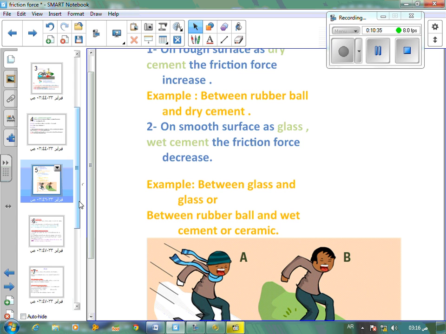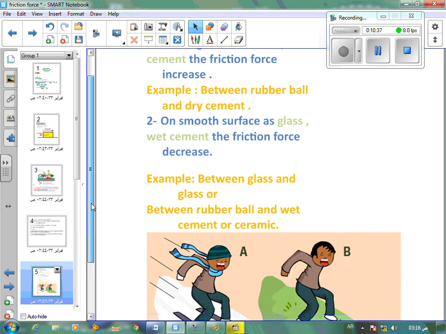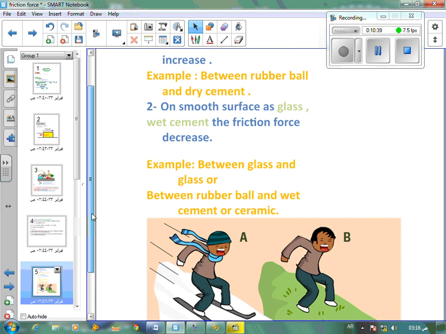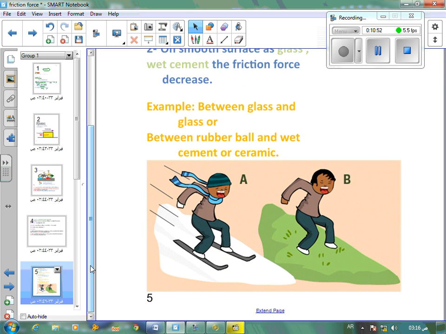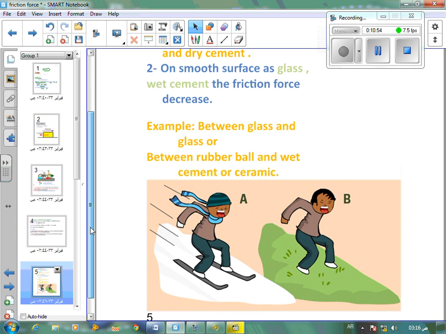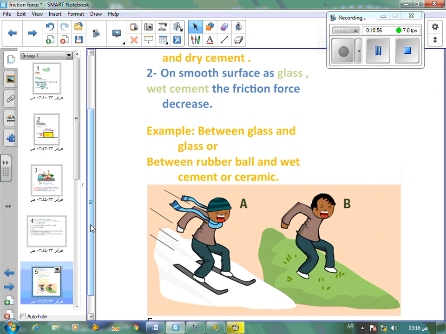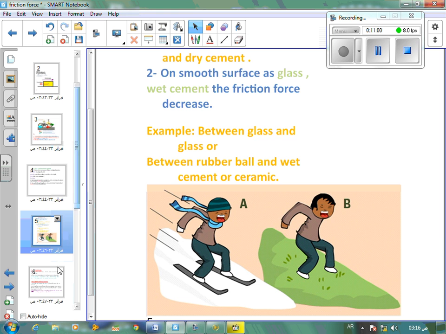If we roll a ball on dry cement, it will move for a shorter distance than if we roll it on a smooth surface like glass or cement. We will find it moves for a longer distance. This is because the friction force decreases, for example between glass and glass, or between a rubber ball and cement or ceramic.